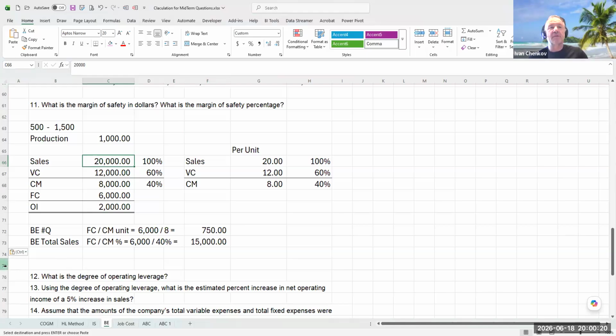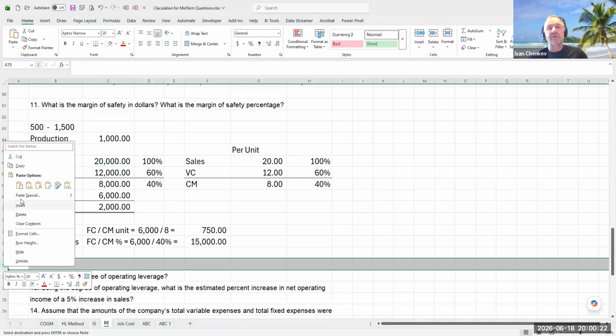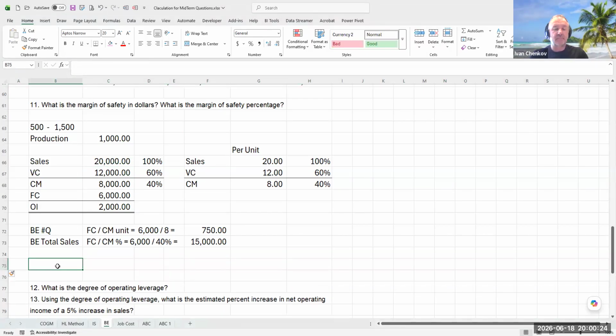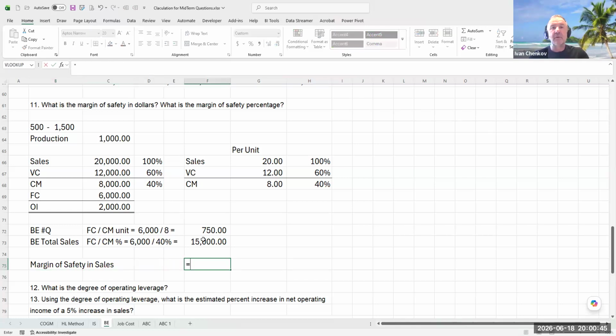So my margin of safety in total sales, or in dollars, is going to be simply 20,000 minus 15,000.